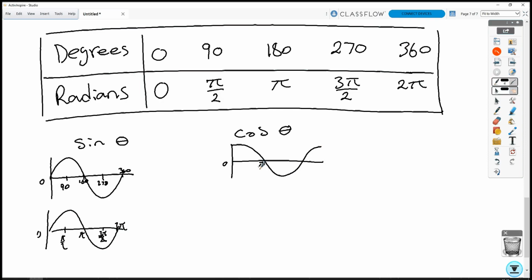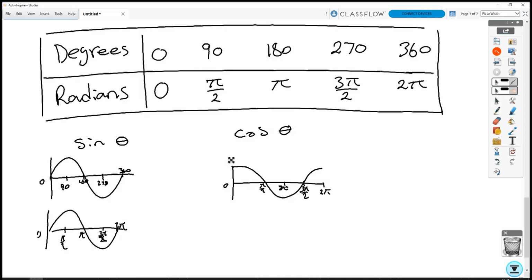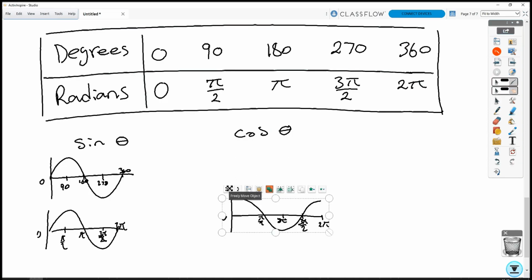So 0, pi over 2, pi, 3 pi over 2, and 2 pi. Oh, I should have put that on the bottom. So let's fix that. Bring that down here, and do the degrees version on top.